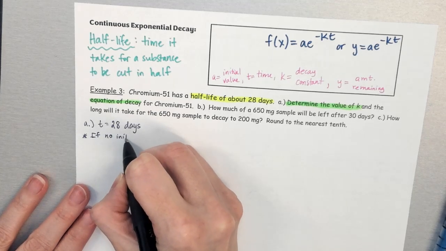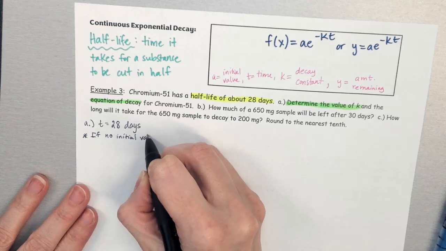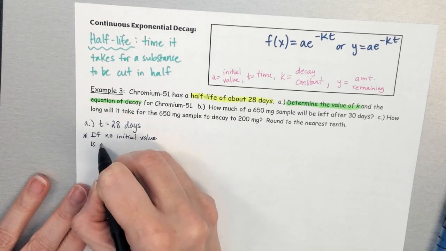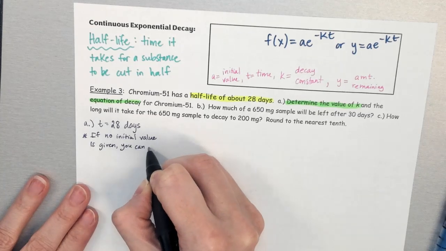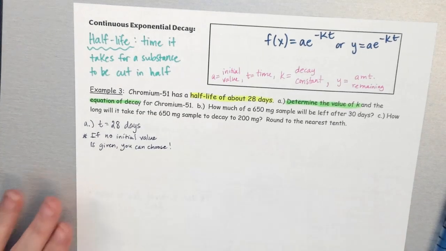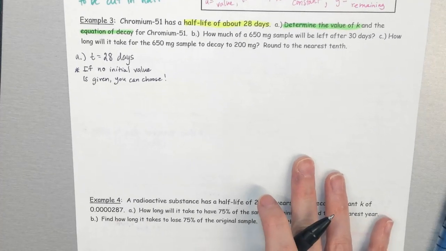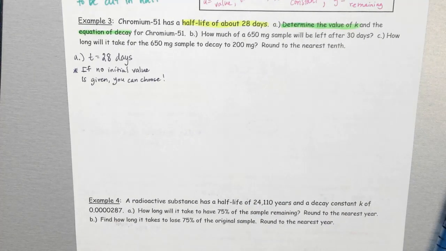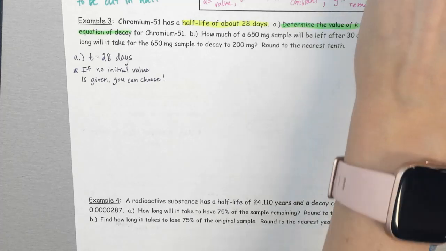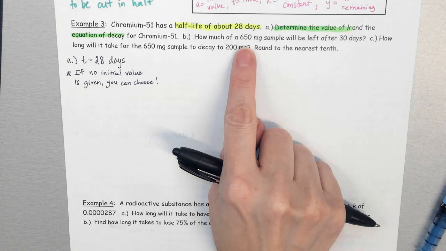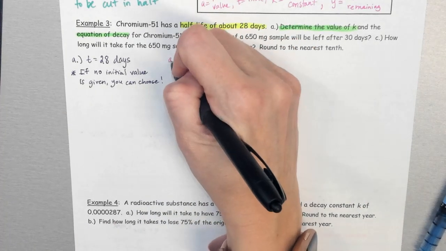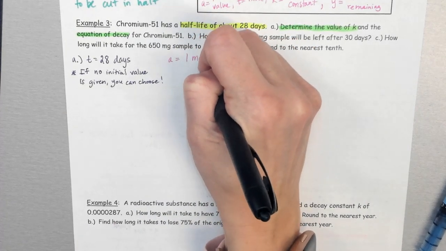So generally what I choose if they do not give that to me is I choose 1, and you can see it says 650 milligrams, so I'll usually choose like the 1 milligram.